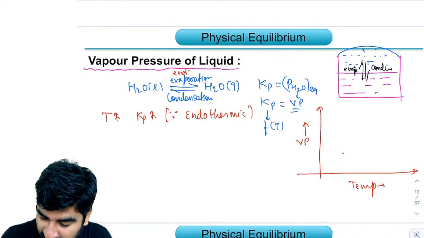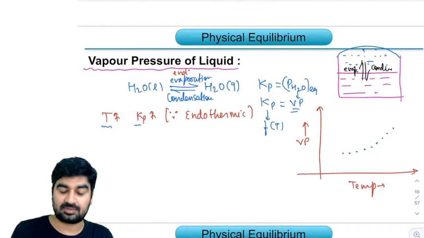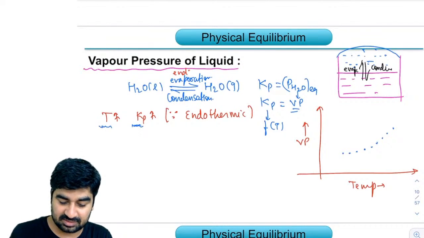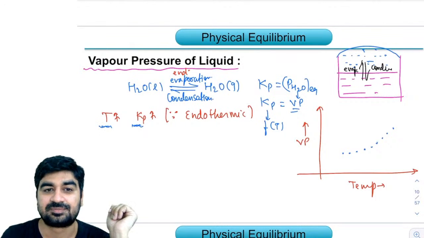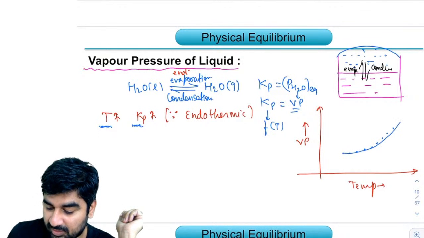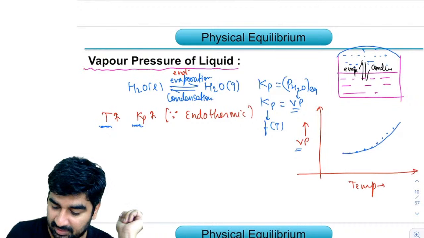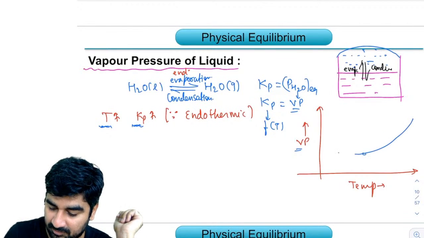Let's take these dots, because when you are increasing the temperature, Kp is increasing, and if Kp is increasing, vapor pressure is also increasing. So this is the vapor pressure. Let me make it this way, this is the graph for vapor pressure.